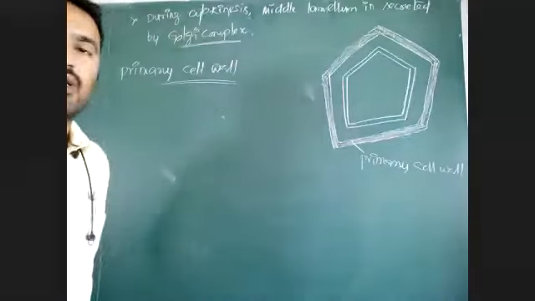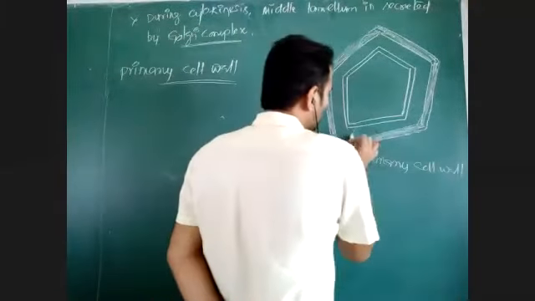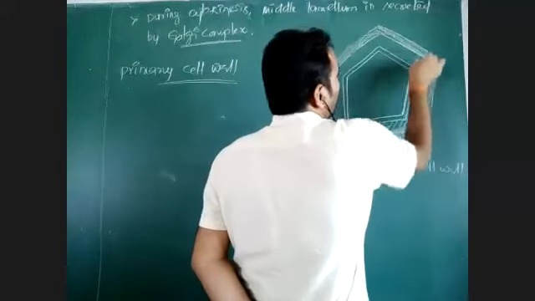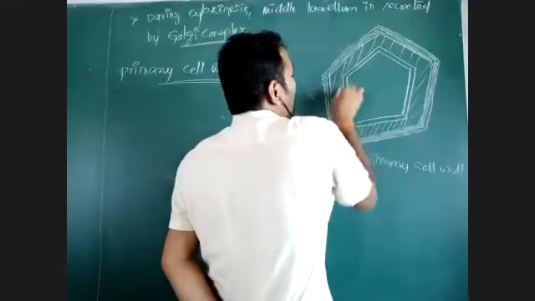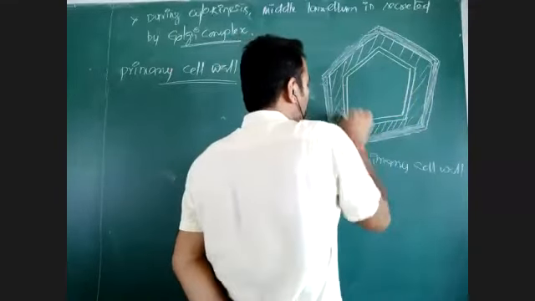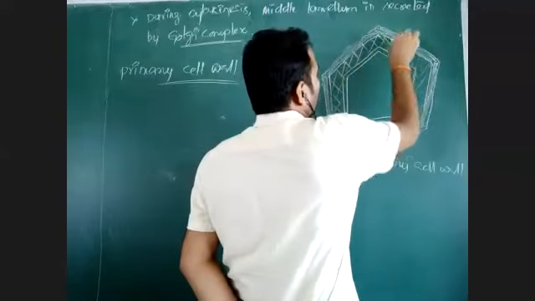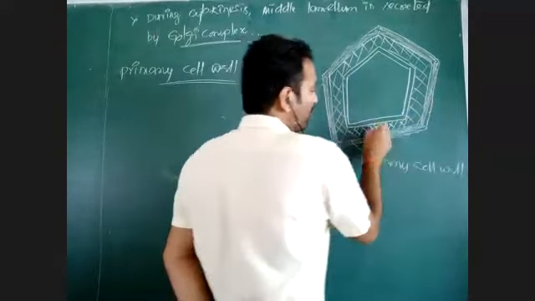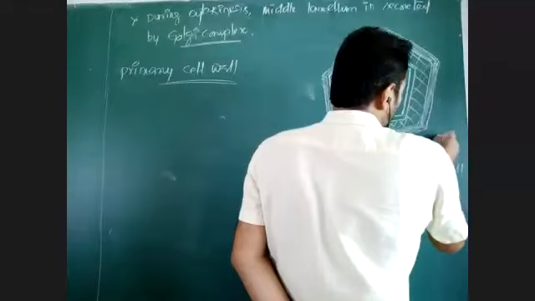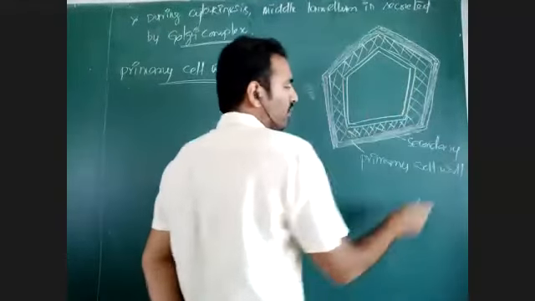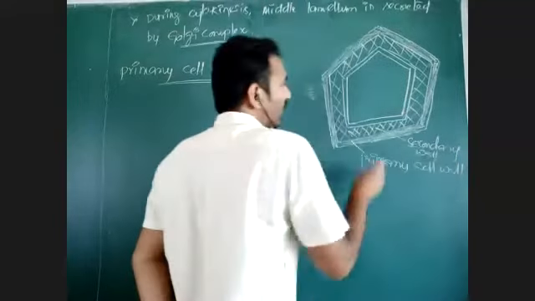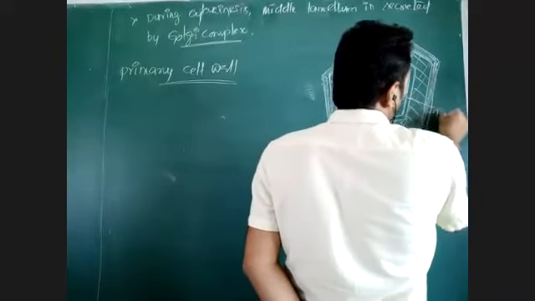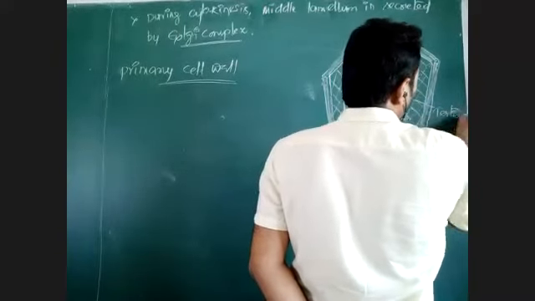Next to the primary layer, inside, is the secondary layer, or secondary wall. Deep inside is another layer, called the tertiary wall.